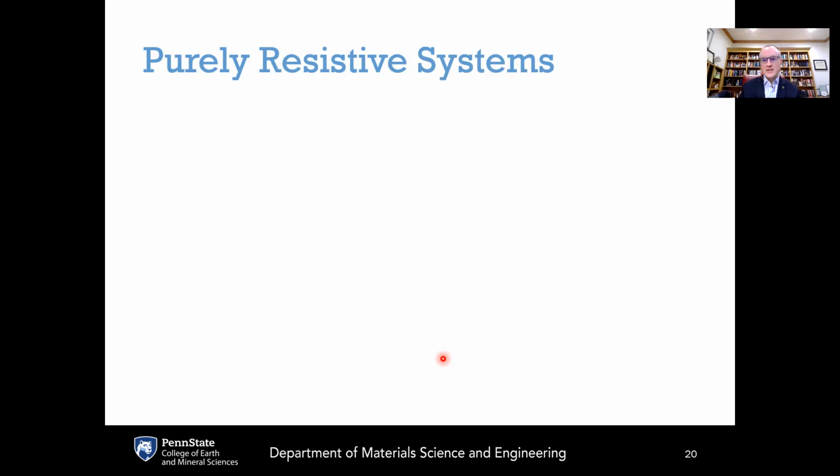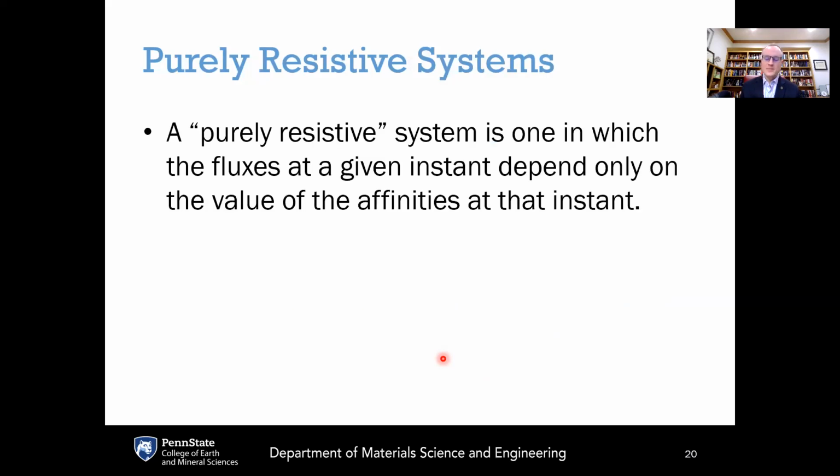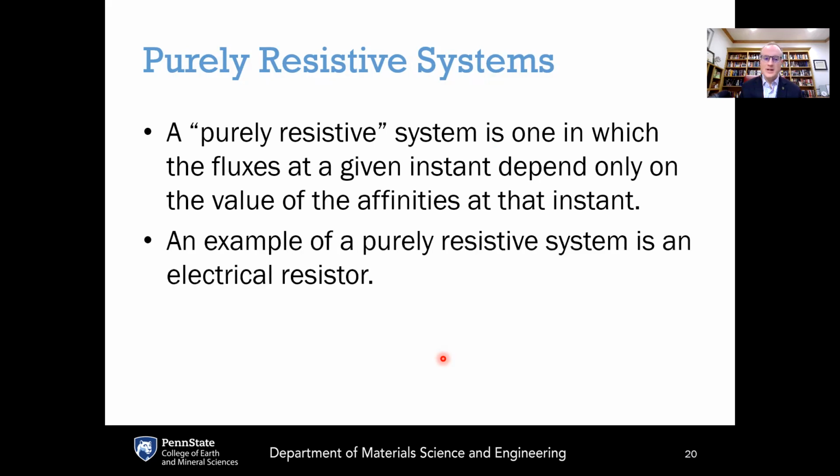The first of these assumptions is that we are dealing with a purely resistive system. A purely resistive system is one in which the fluxes at a given instant in time depend only on the values of the affinities at that same instant in time. In other words, you don't have to go back to some previous time and take the affinities from some previous time to determine the fluxes right now.